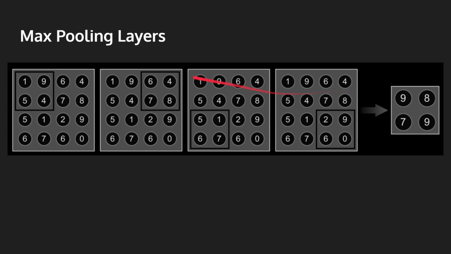We're basically taking the max value over here. And yeah, it's pretty intuitive. It's really easy to understand. And the hyperparameters for max pooling are only the kernel size and the stride value, right? So that's the only hyperparameters we have for max pooling.